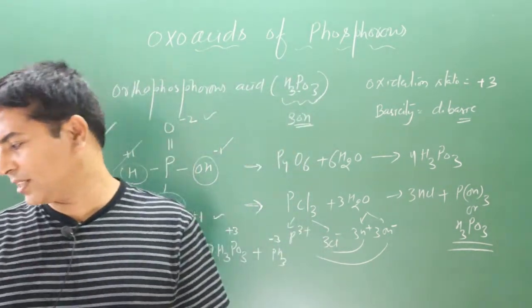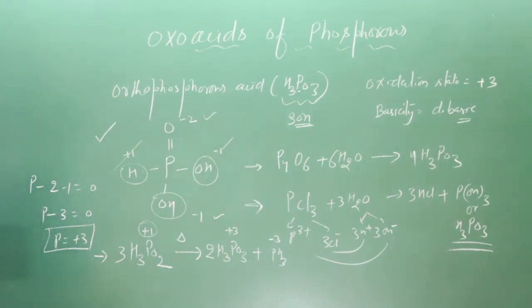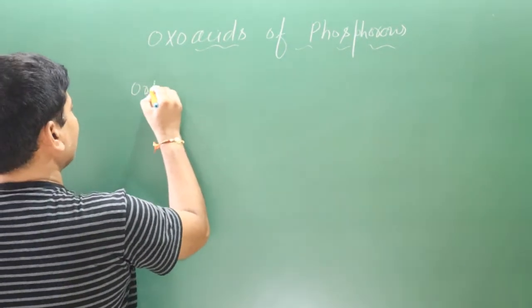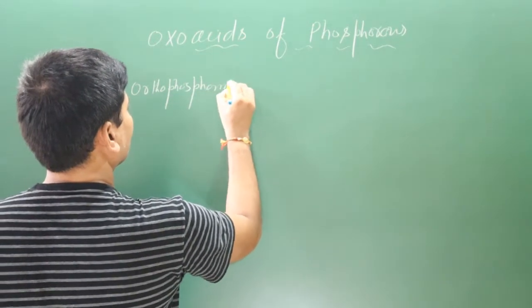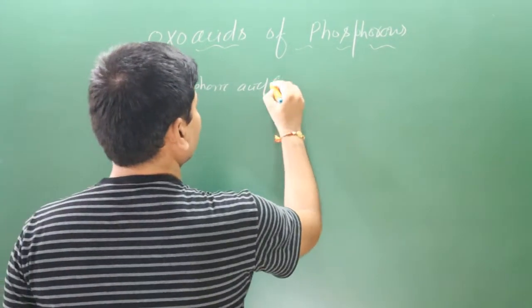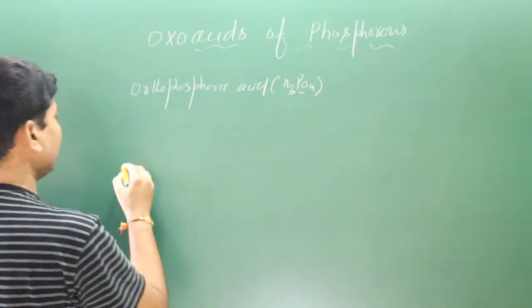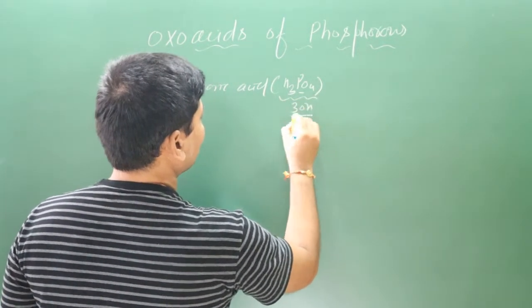Now let's move on to the next oxoacid. Next we have orthophosphoric acid, which can also be called phosphoric acid. The chemical formula is H3PO4. P is the central element. Draw the structure. How many OH are possible? 3 OH.